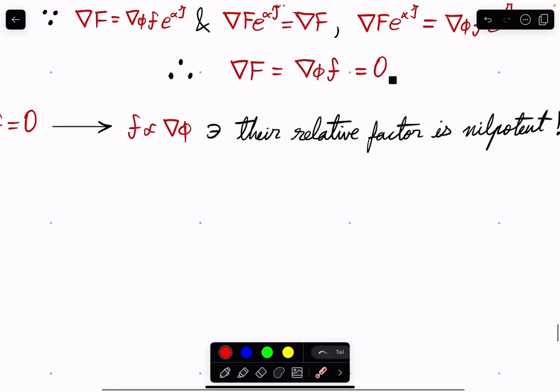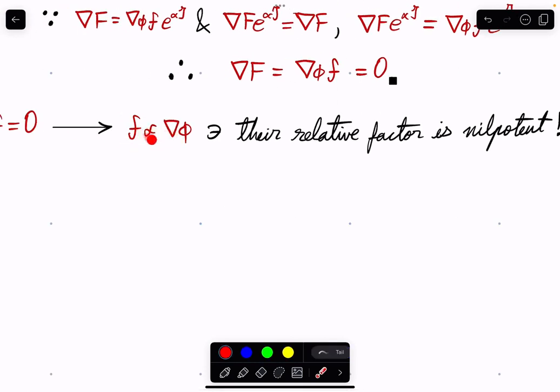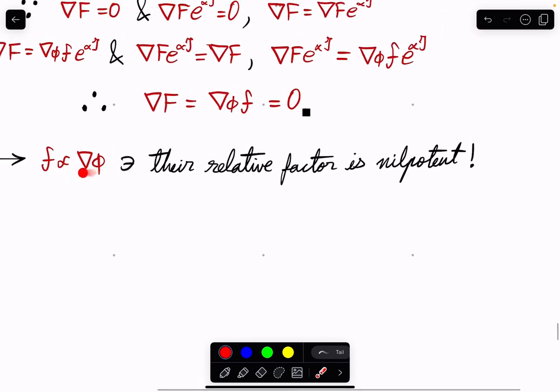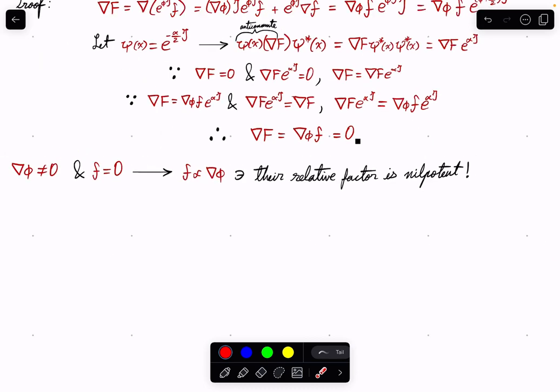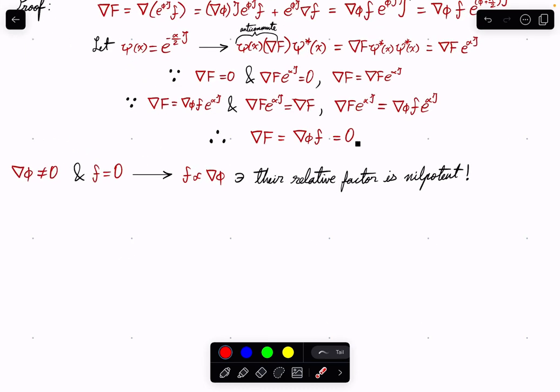That is, these functions are equal to each other up to some constant, not necessarily scalar, but up to some constant, such that when you multiply these two together, those factors are nilpotent and thus null, and so they'll cancel out to 0 because of this right here.